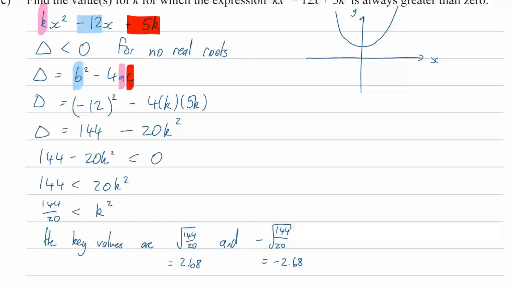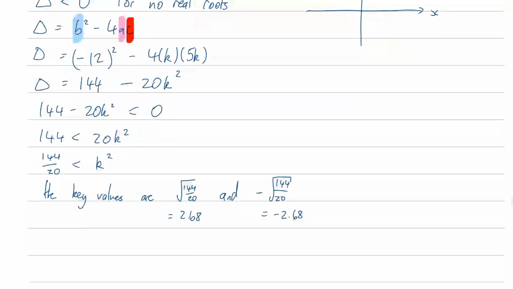Okay, so now let's look at this graphically, just this standard parabola. Actually, scratch that. Let's stick to this method first. So again, just to recap, we put the discriminant into an inequality. We said it's less than 0. We've rearranged for k squared.